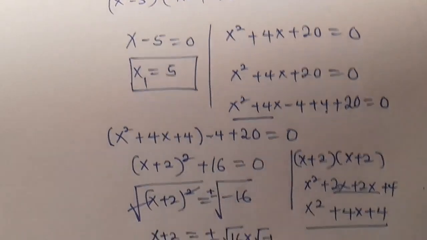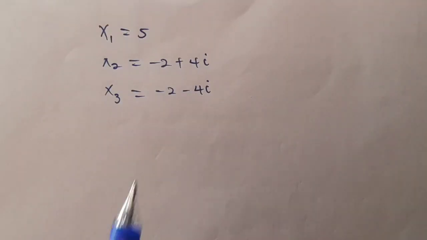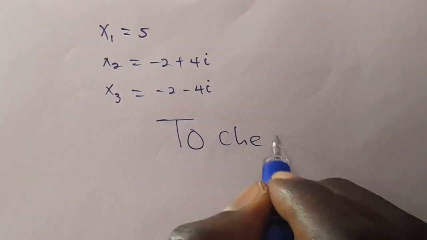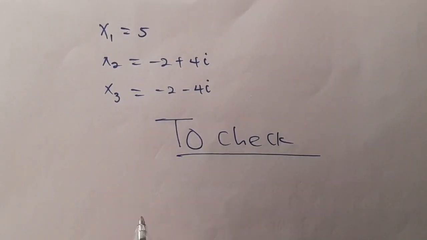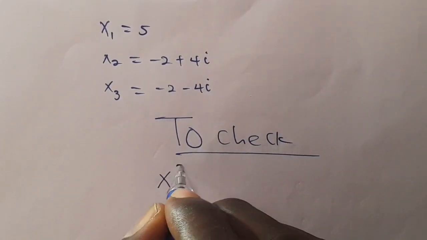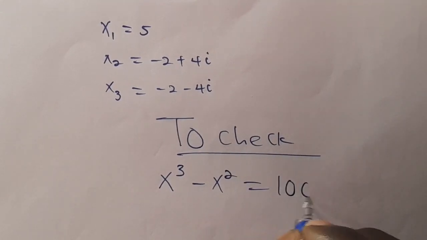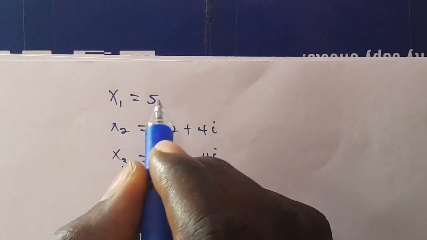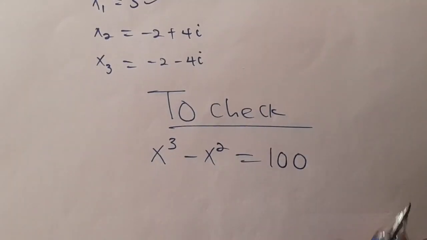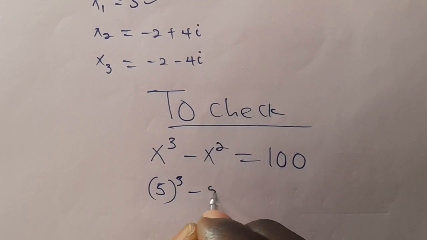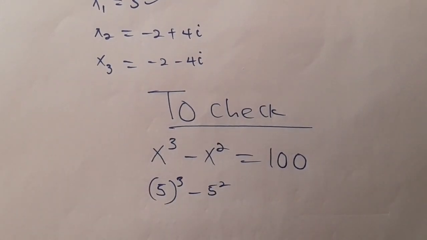So now to check, we want to check when we have x raised to power 3 minus x squared equals 100. Let's check for the first one. When x equals 5, then we have 5 raised to power 3 minus 5 squared.